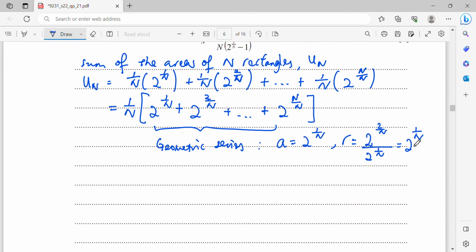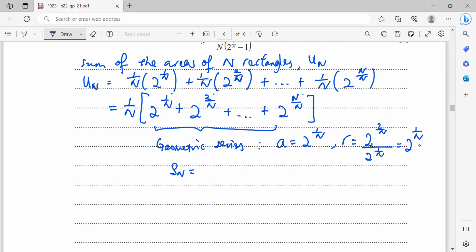Now it is a sum of the first n terms, so I will get Sn, just for this part. Sn, because the first term has numerator 1, the second term numerator 2, and the last term is n. Therefore, from the first term to the nth term, there will be n terms in total, or n rectangles.